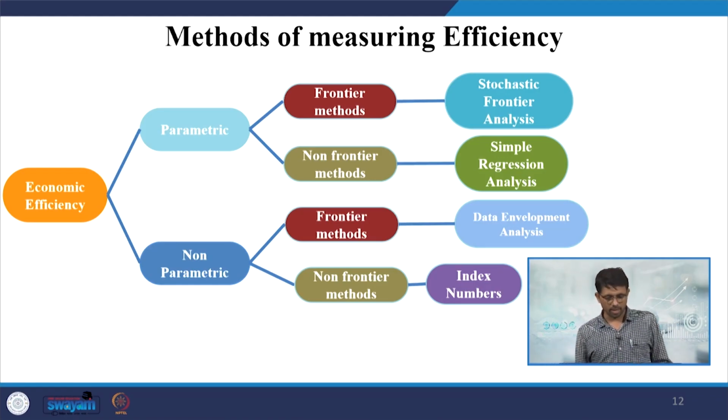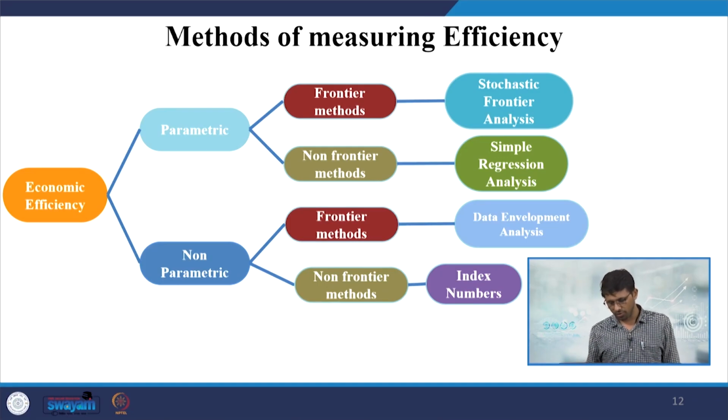And in the non-parametric method, the frontier method is called DEA, which, as you might have heard, is actually a non-parametric method. As part of the frontier method, the borderline, the optimum level, is emphasized, where DEA is discussed.